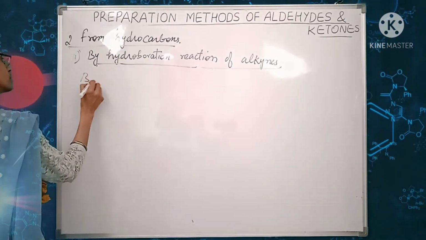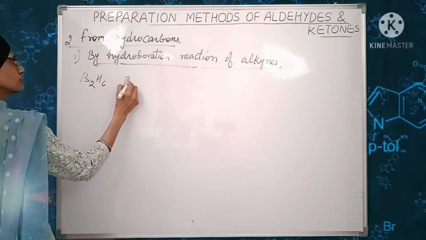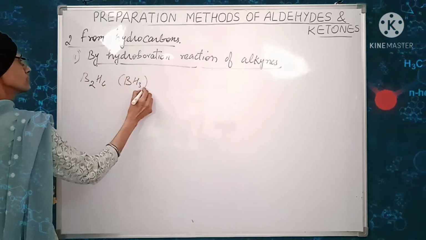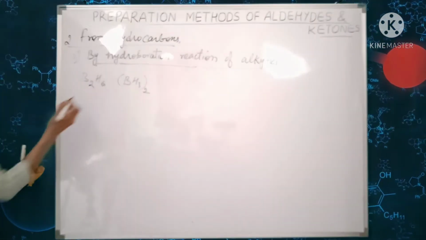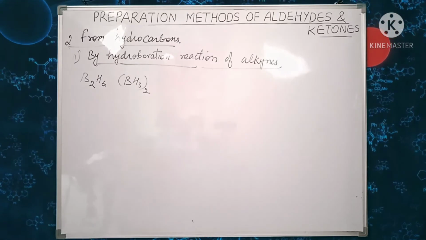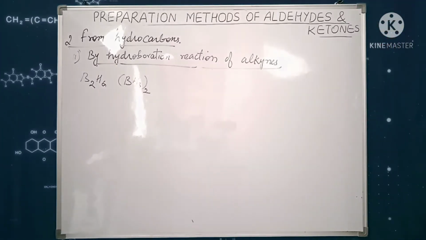This is diborane B2H6, which can also be written as BH3 twice. It's a dimer of borane. This is borane and this is diborane. The structure we have already done in the +1 class.